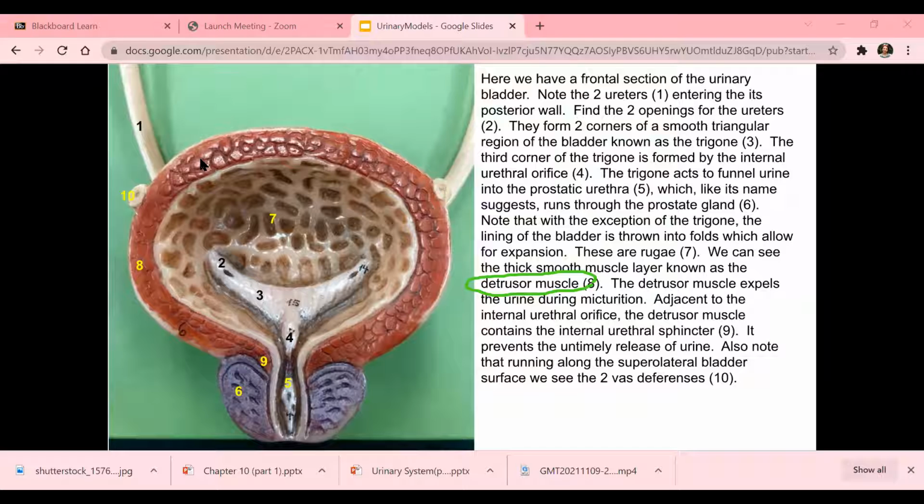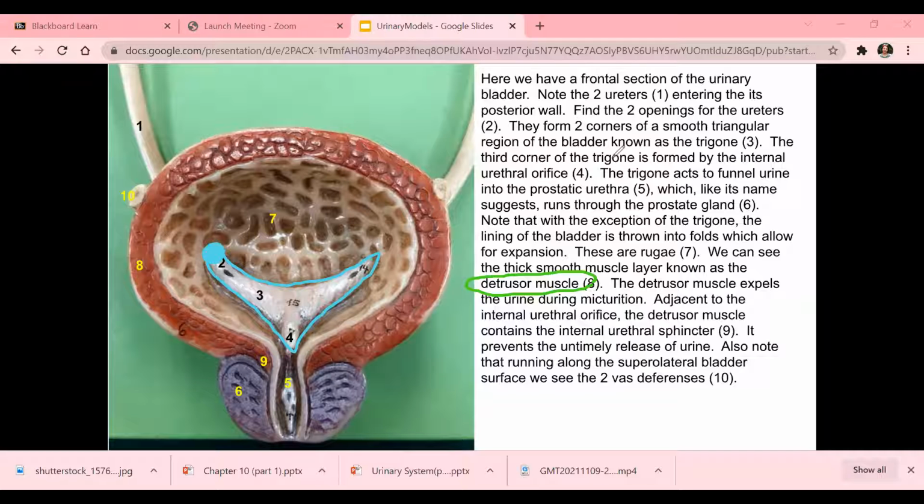Inside the urinary bladder, you can see a triangle structure, which we call trigone. Here is this triangle. In the trigone of the bladder, we don't have any folds. And as you see here, the surface is completely smooth. We have 3 corners for this trigone. One of these corners is here.